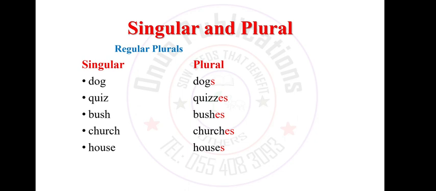However, we maintain the original E and put S there straight away. So house, we have houses. When the word ends in letter X, E comes before the S, so the same ES.